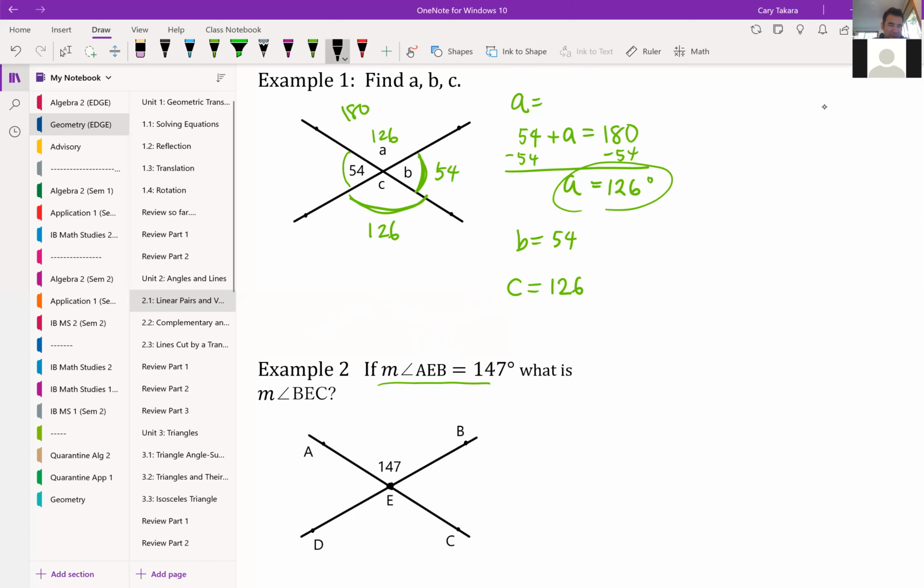One symbol that you see here in this problem, example 2, is this one right here. You see that little nose-looking shape right here? That's called angle. Okay. So this is angle.